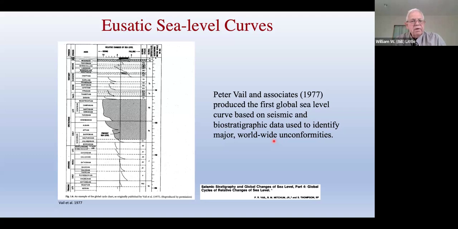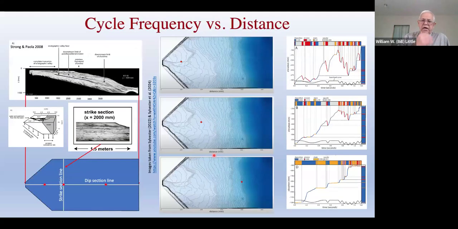And they did this by identifying erosional surfaces, sequence boundaries, maximum flooding surfaces, and dating those and seeing if they could correlate them on a global scale, and to distinguish between sea level changes that happen simultaneously across the world from others. And I'm not going to say much more about that right here.